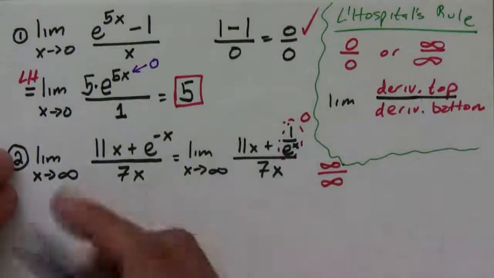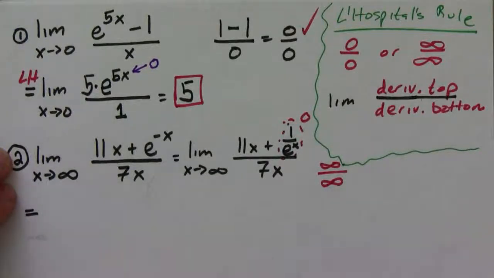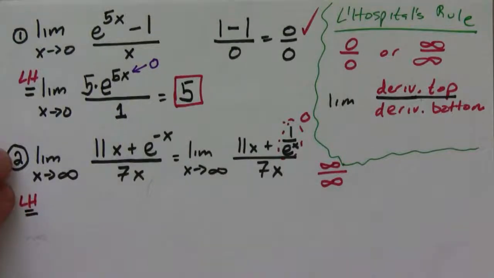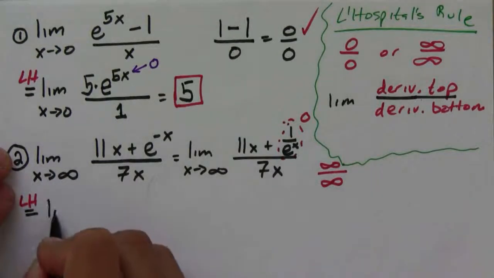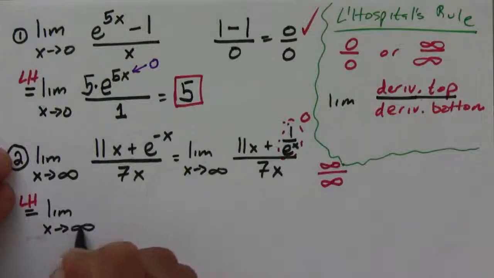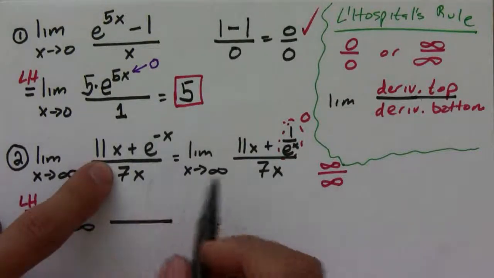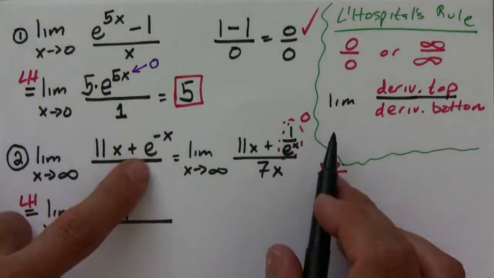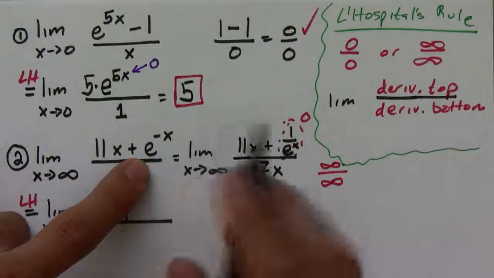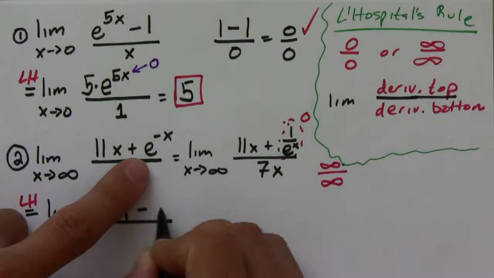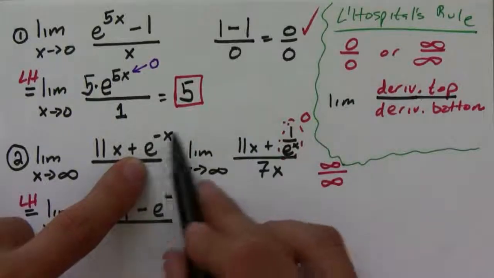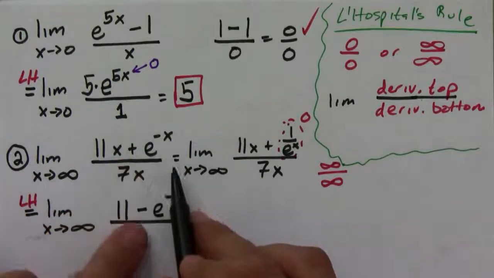And so then I can get the derivative of both the top and the bottom. Okay, so this is equal to the limit as x goes to infinity of the derivative of 11x, that's just 11. And then the derivative of e to the minus x, well, this is minus e to the minus x, because the derivative is just itself times the derivative of the inside, which is negative 1.